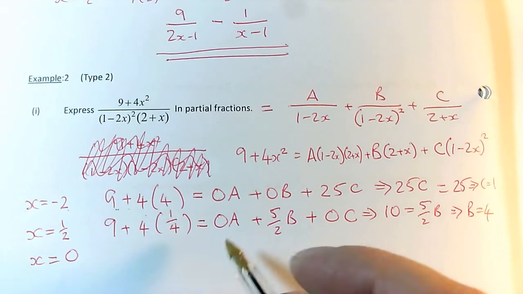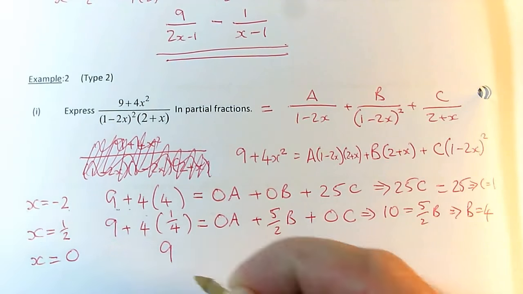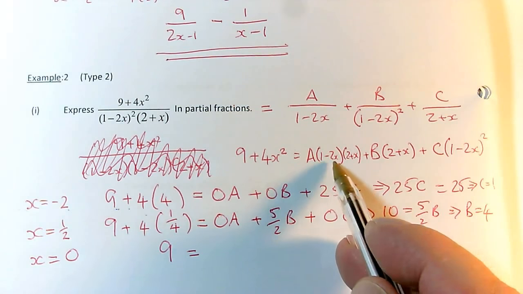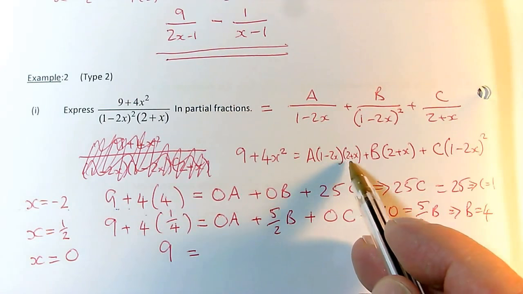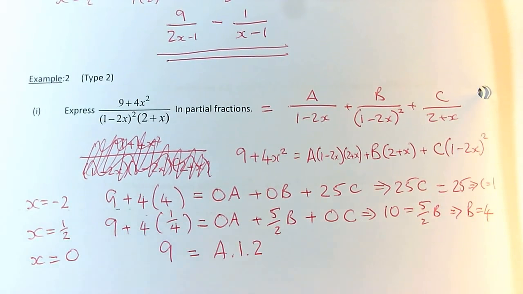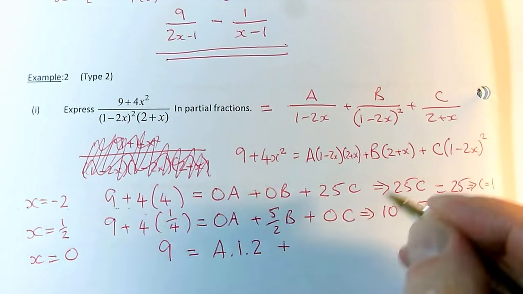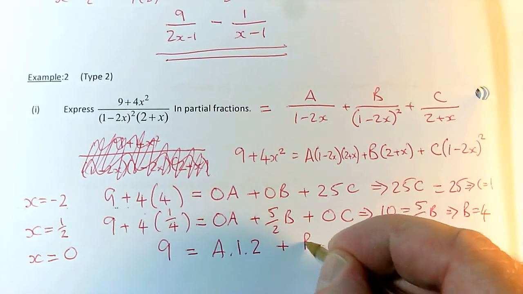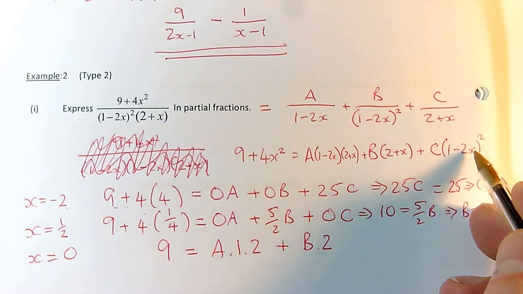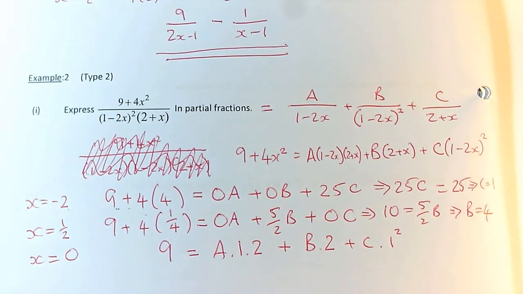But using 0 is very easy to do the sums. 9 plus 4 times x squared when x is 0 is just 9, equals, alright, so a times 1 minus twice 0 is going to be 1, but 2 plus 0 is 2, so this is going to be a times 1 times 2. These dots mean times if you've not seen them before. Plus b, times 2 plus 0 is 2, so this is b times 2, and this is c times 1 minus twice 0 is 1, so this is c times 1 squared, which is 1c.